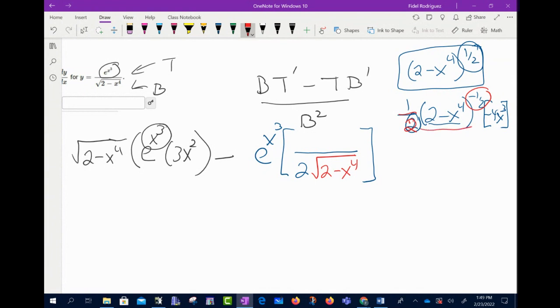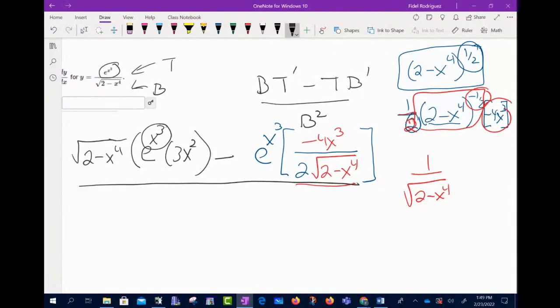Okay. This piece right here, you guys, I can think of that as 1 over the square root of 2 minus x to the fourth. Why square root? Because it's power 1/2. Why does it go to the bottom? Because it's negative. That's why I put it down here. On the top, I still have that negative 4x to the third. Okay. Now, all of this, you guys, is over the bottom part being squared.